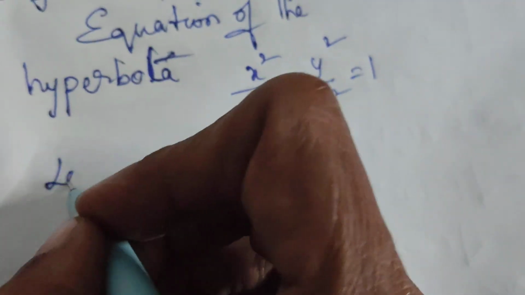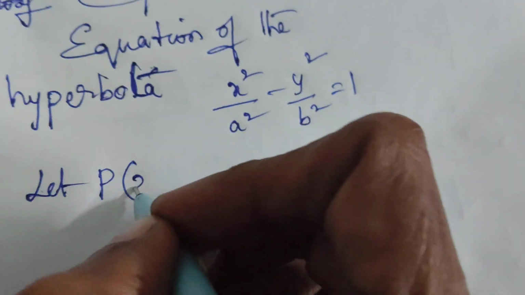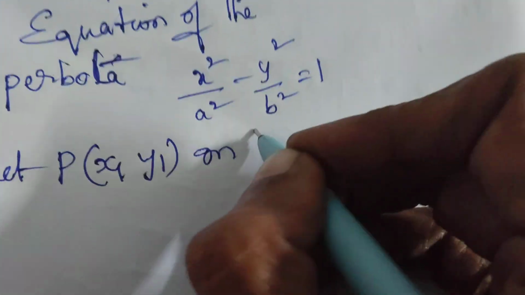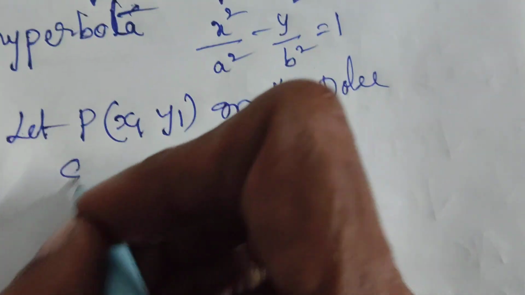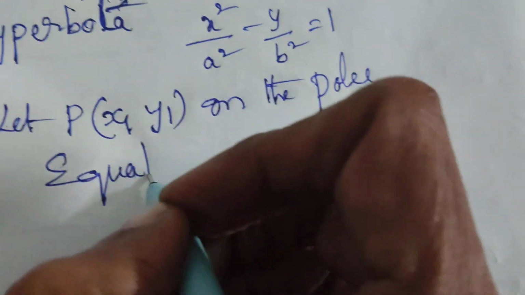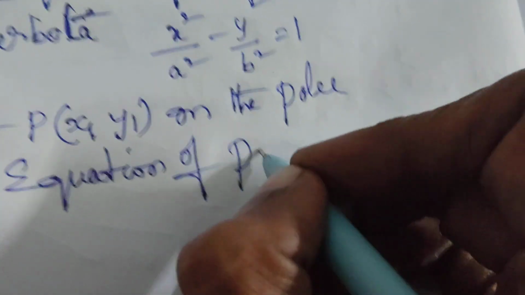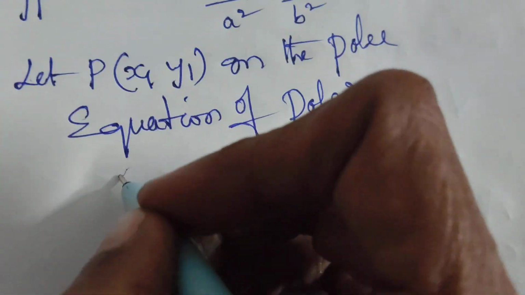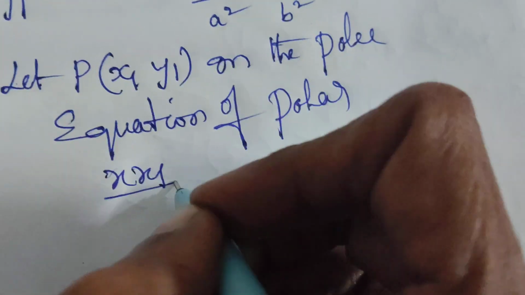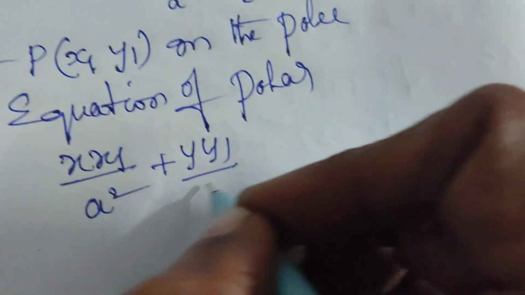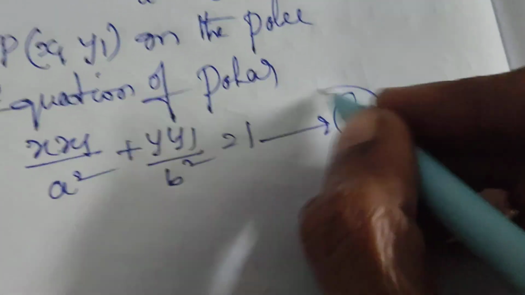Next, let P of x1, y1 be the pole, then the equation of the polar is x1 by a square plus y1 by b square equals to 1. Consider this as equation number 1.